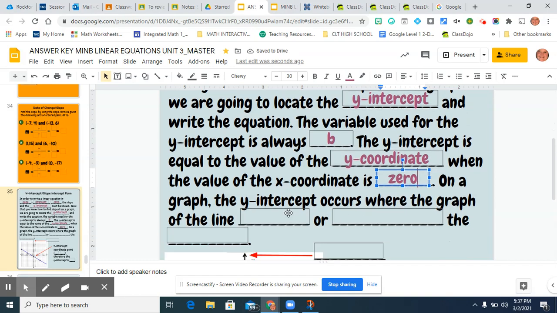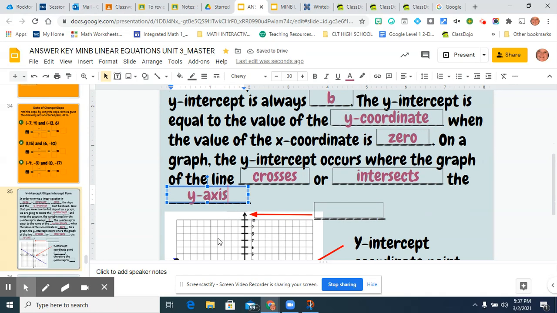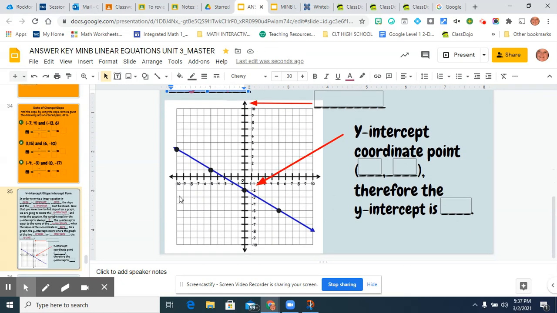On the graph, the y-intercept occurs where the graph of the line crosses or intersects the y-axis. Just looking at a graph, we have two axes: the x-axis and the y-axis.